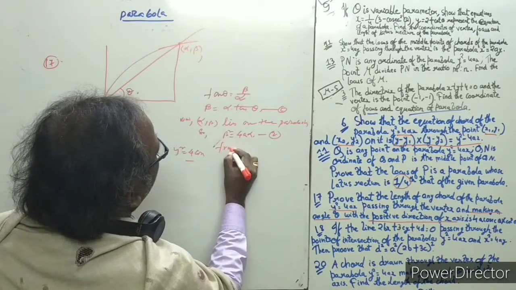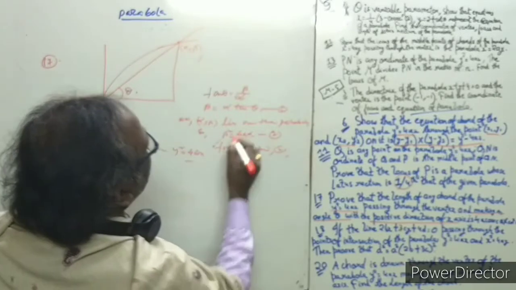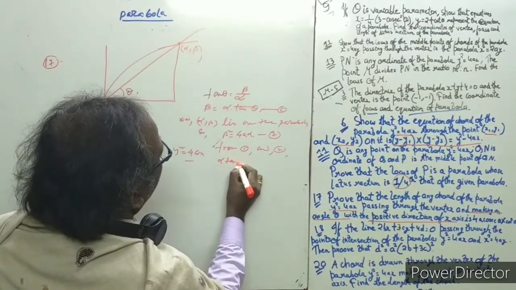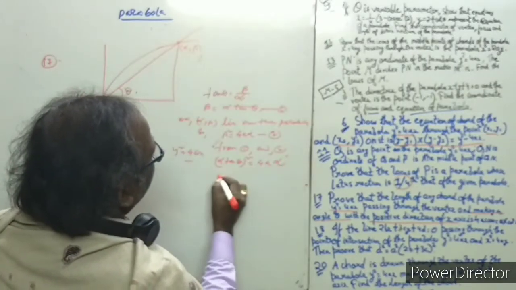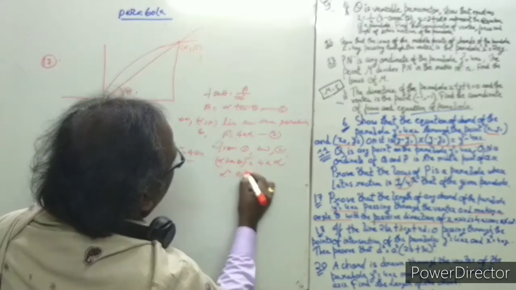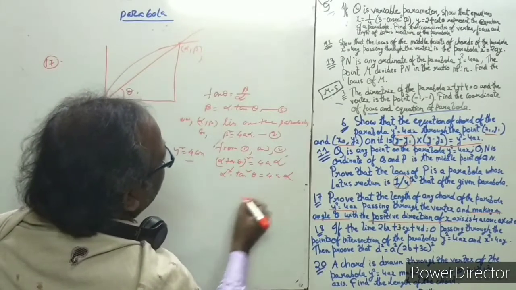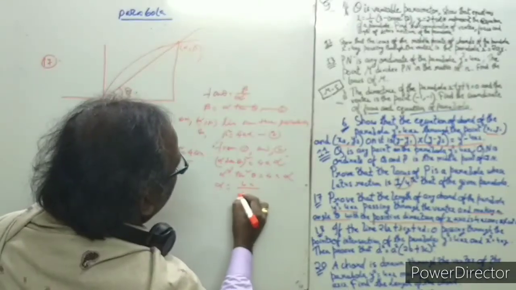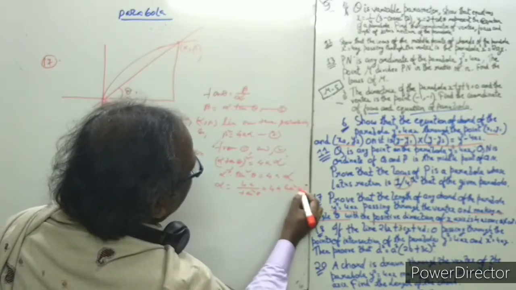From 1 and 2, we get, so put here alpha tan theta whole square equal to 4a alpha. So alpha square tan square theta equals 4a alpha. So alpha never be 0. So you can write here alpha equals 4a by tan square theta, that is equal to 4a cot square theta. Okay.